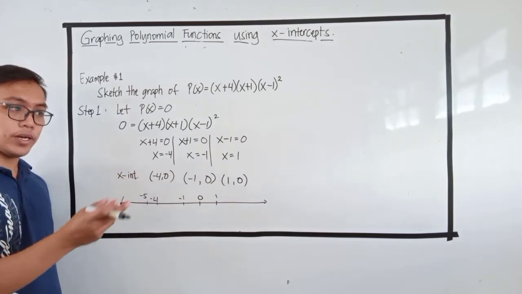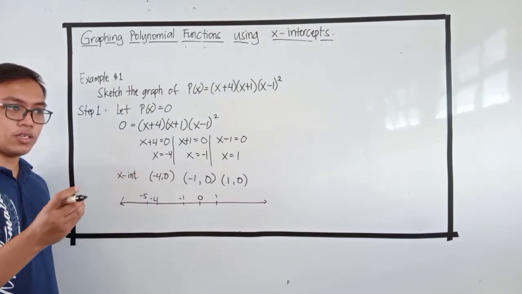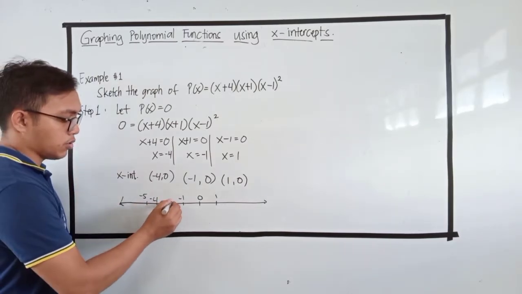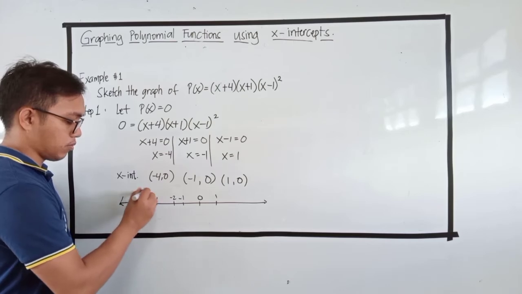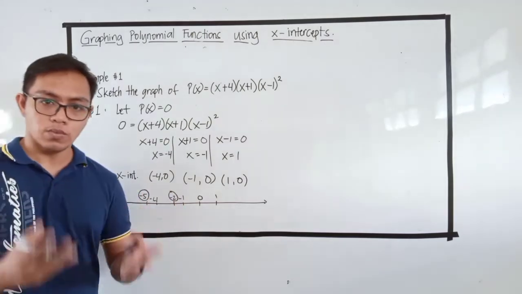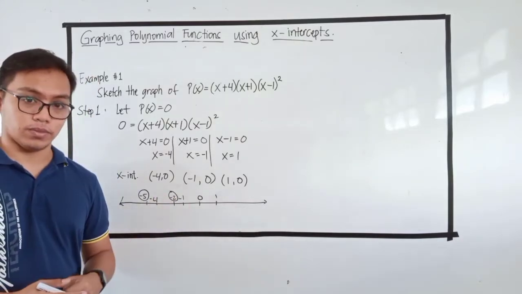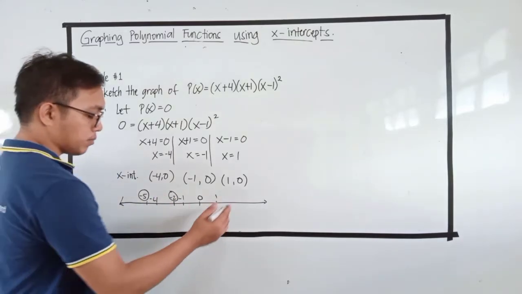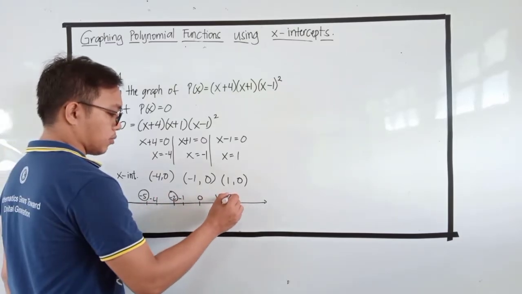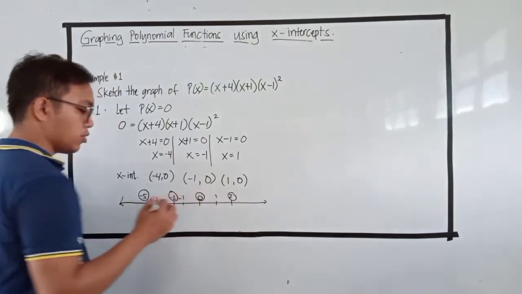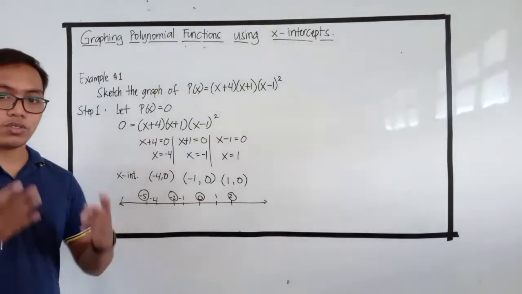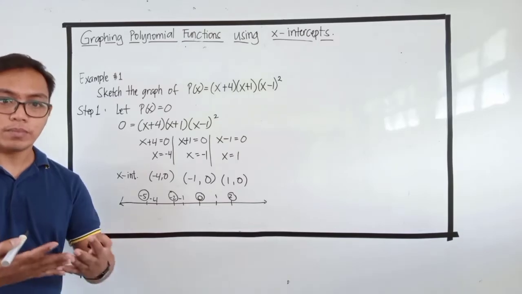Between negative 4 and negative 1, we can choose either negative 2 or negative 3. In our case, we're going to use negative 2. In between negative 1 and 1, obviously, we can use 0. And then, on the right side of 1, we can use positive 2. We're going to use all these 5 values to know the trend or the movement of our graph.